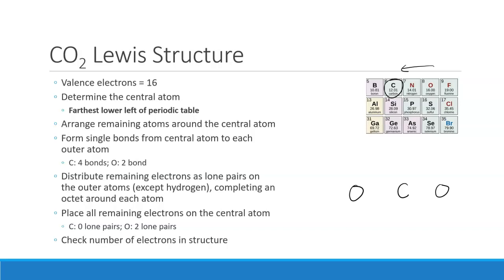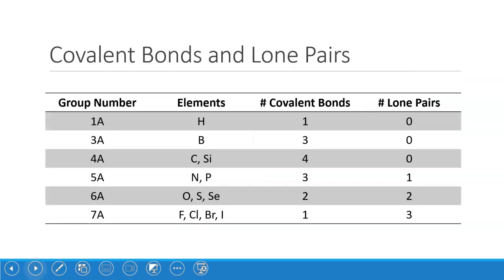Now the next step is to form single bonds from the central atom to the outer atoms. So I'm going to place a single bond between that carbon and each oxygen atom. Then we distribute the remaining electrons as lone pairs on the outer atoms. Looking at that table, oxygen, which are our outer atoms here, should have 2 lone pairs.